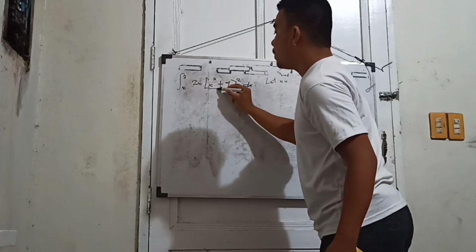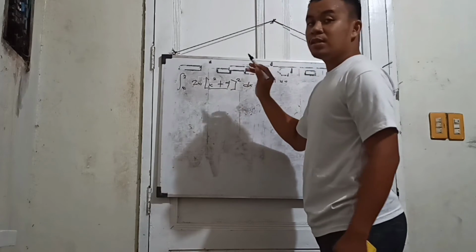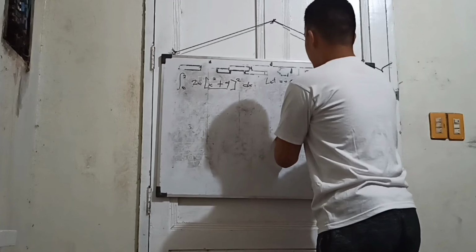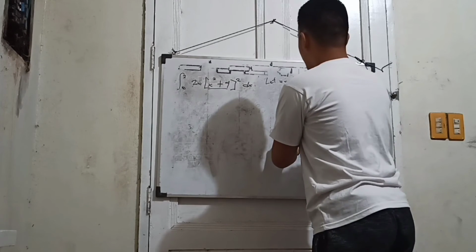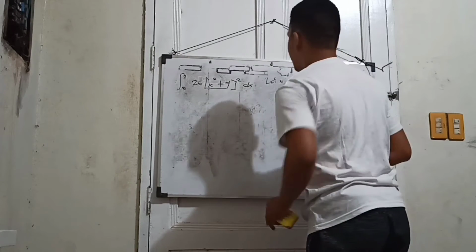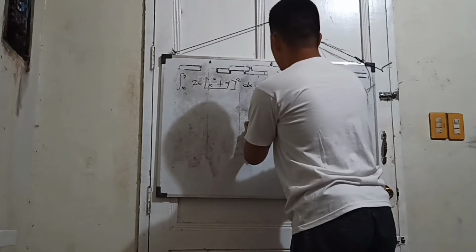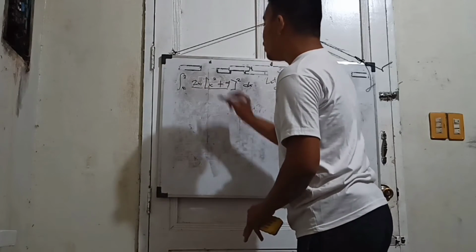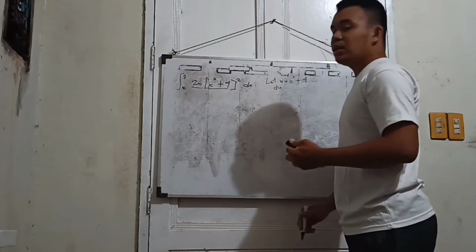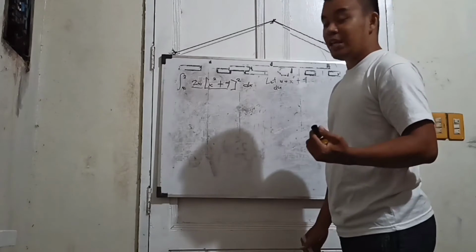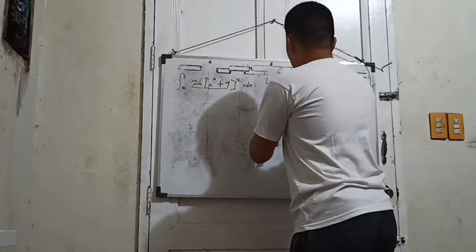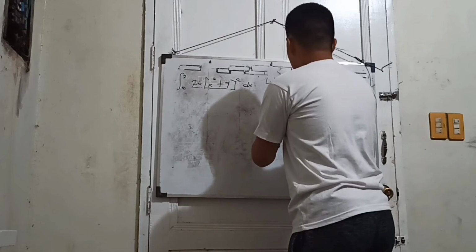Copy this, we substitute this function, x squared plus 4. So, our du is this. We will use 2x so that we can cancel it out later: 2x dx.